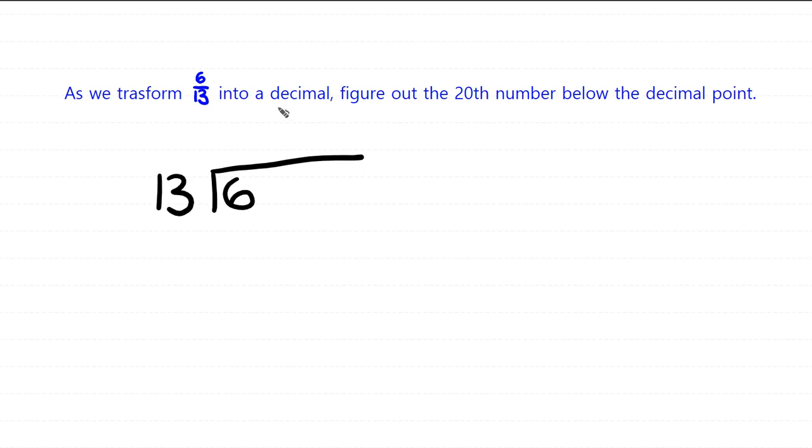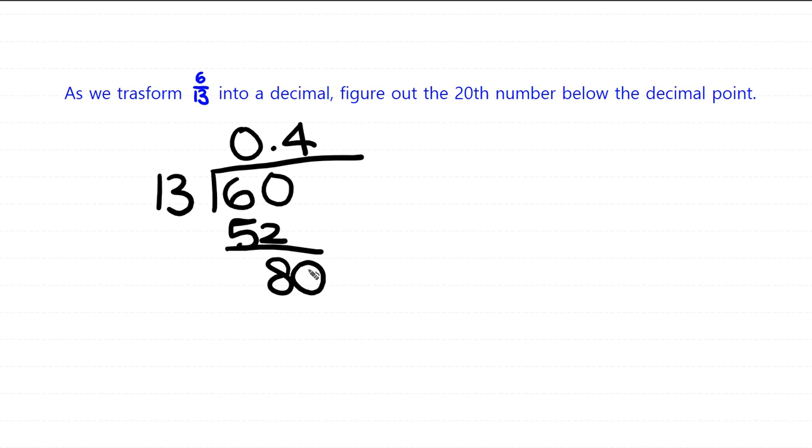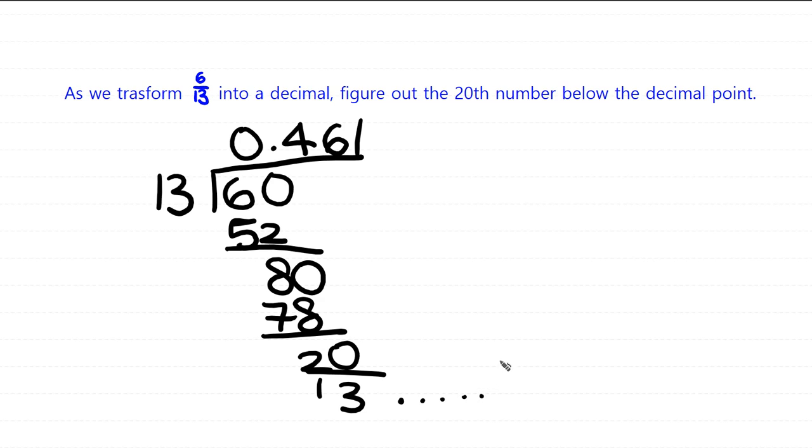We end up with 0, of course, and then a point, and then we obviously have 4, and then 52, we end up with 8, and then we add a 0, we also end up with 6, 78, 2, 1, 0, 13.